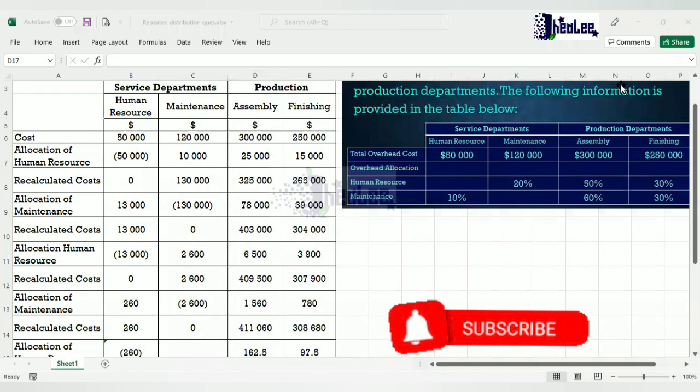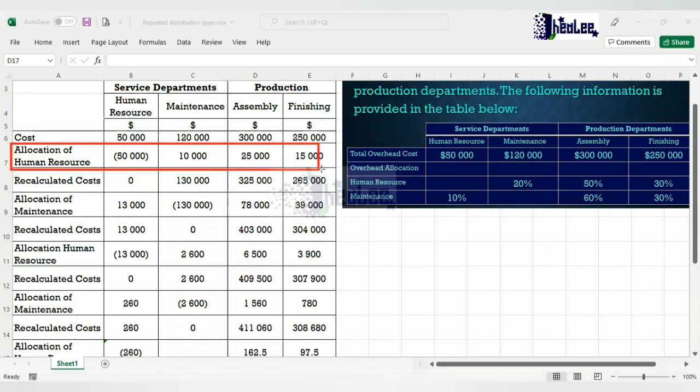So the first step would be where you had allocated the human resource department cost, and then you recalculate. So that would be your first step. The next step would then be the allocation of the maintenance. So now we're into step 2. And then you recalculate.